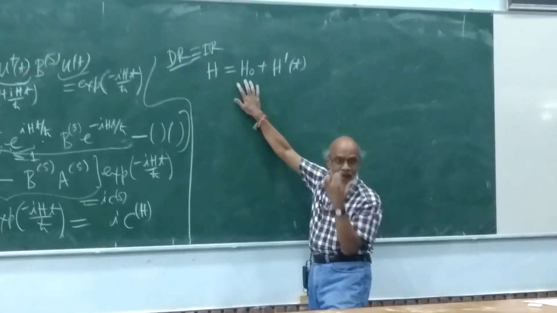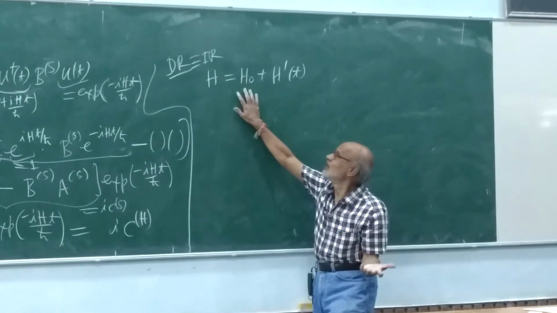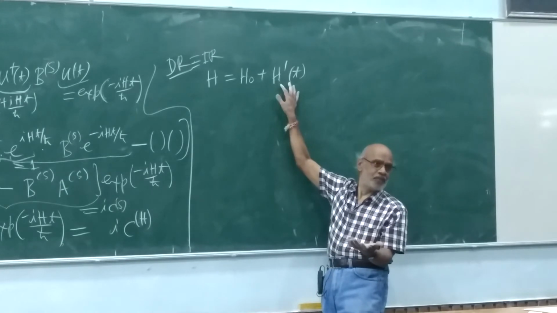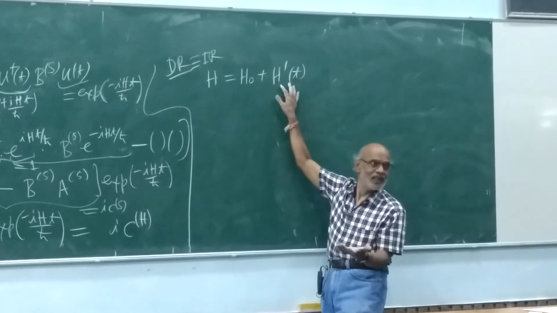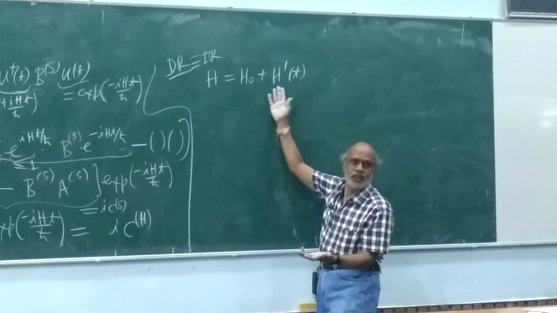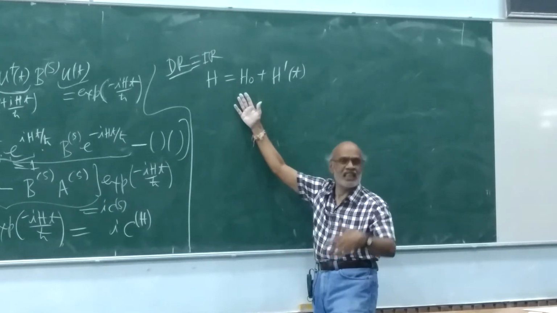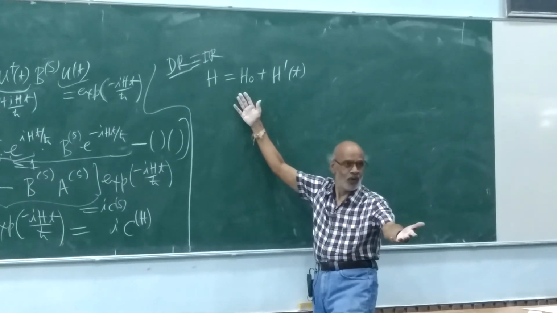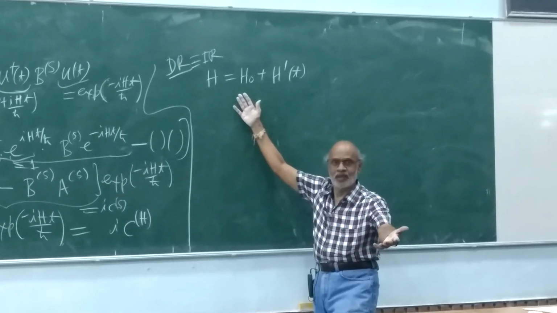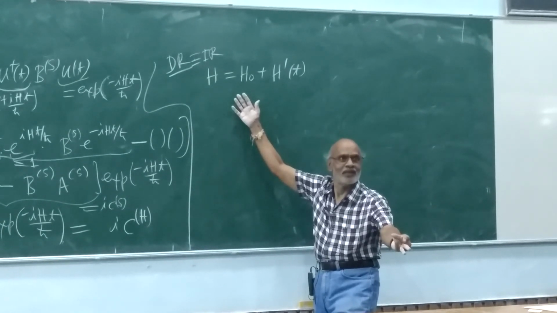This part does not depend on time. This part depends on time. Alright? So in all interacting theories, you will always have some H prime which is in addition to H0. Is that okay?